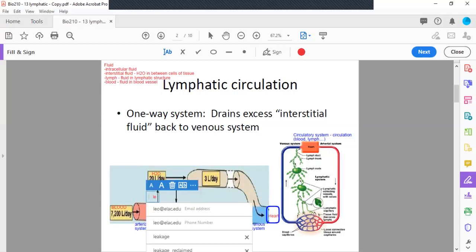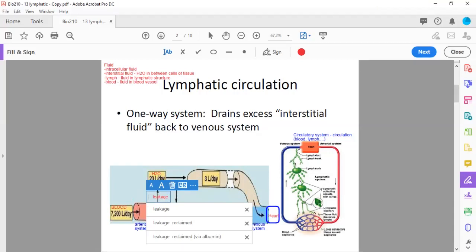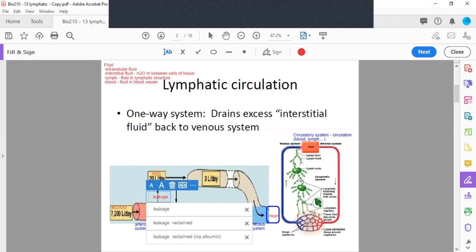Well, the question you want to ask is this: why can't we use the word blood? The reason behind it is that the blood contains RBCs among other cells, and the RBCs are just too big to be leaked out. So for that reason, the water is being pushed out due to the pressure called hydrostatic pressure.